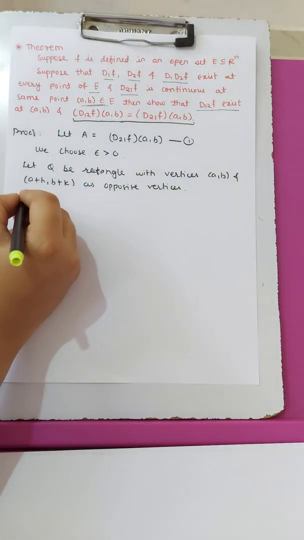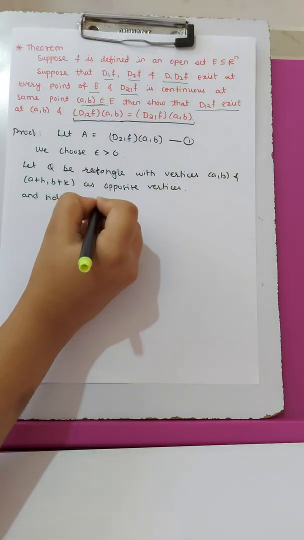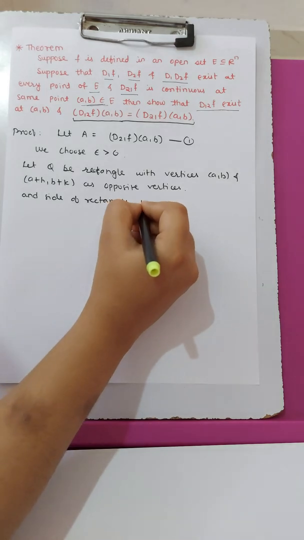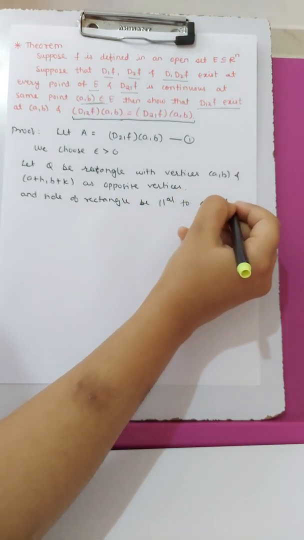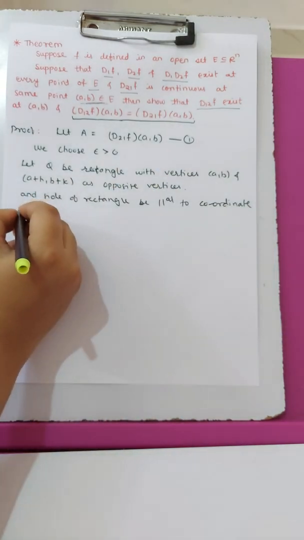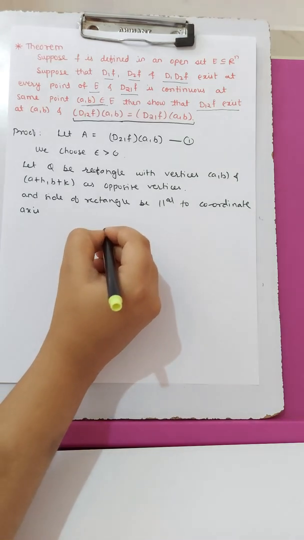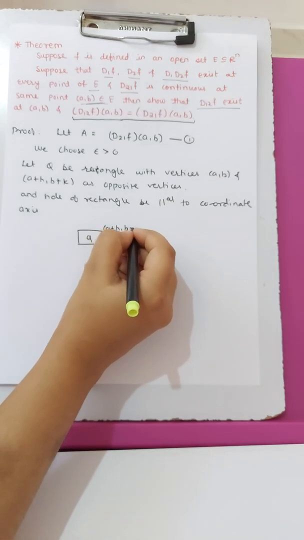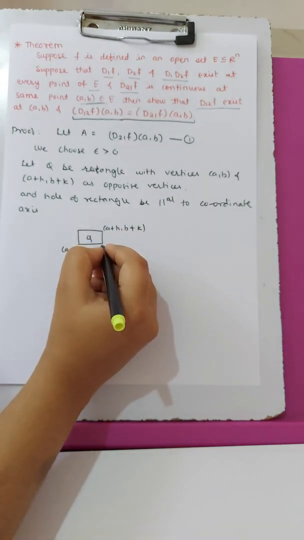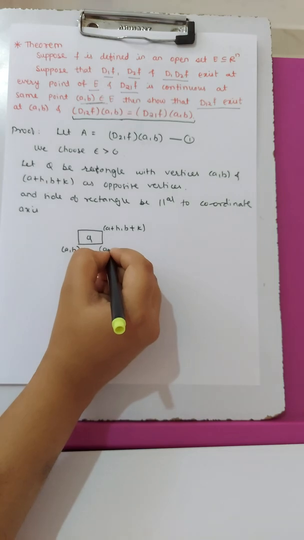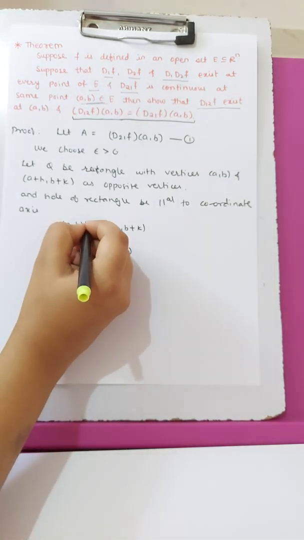And let the sides of the rectangle be parallel to the coordinate axes. That is, if Q is a rectangle with (a plus h, b plus k) and (a, b) as the opposite vertices, then the other vertices become (a plus h, b) and (a, b plus k).